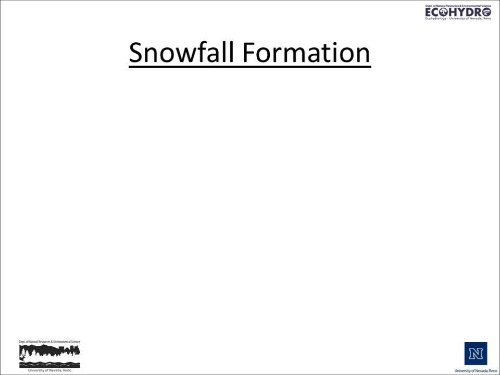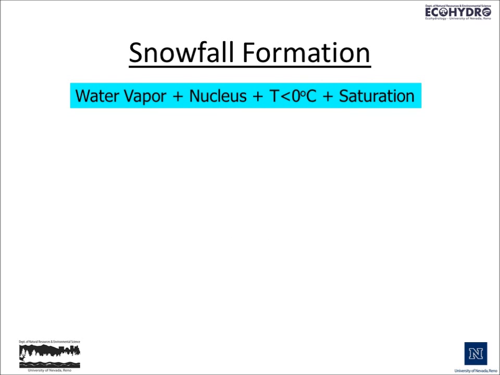For snowfall to form, we need water vapor plus a condensation nucleus, and the temperature has to be less than 0 degrees centigrade, and the air volume that we're working with, a layer in the atmosphere for example, has to be saturated. That means that the relative humidity has to be 100%.